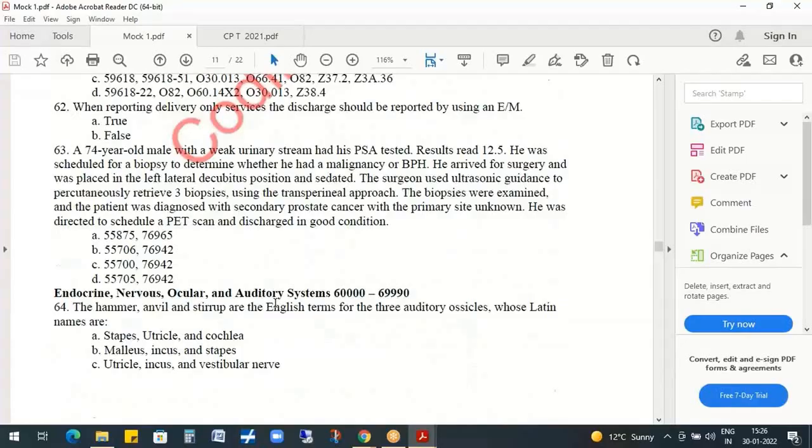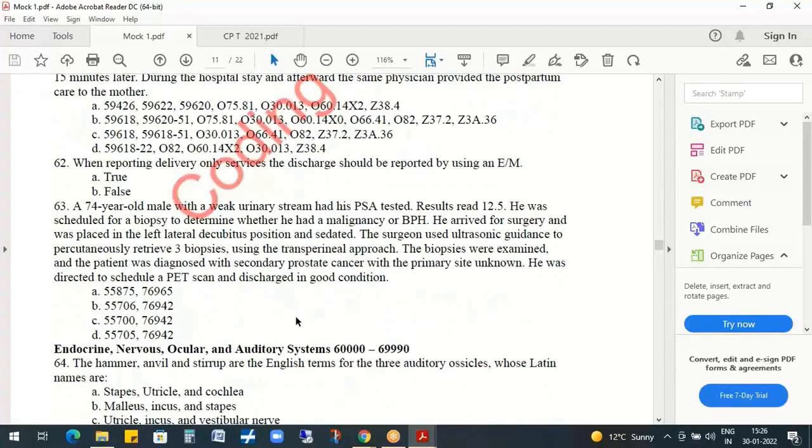Shobha, 62, did you get the clarity? Go for delivery services, the 59000 series. Maternity care and delivery is there.